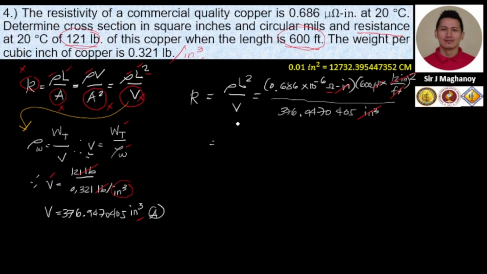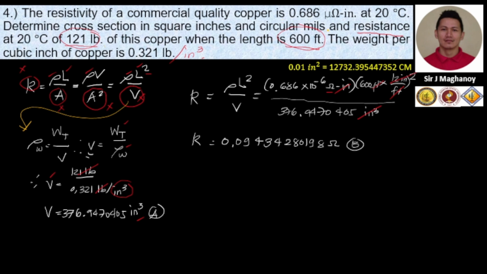Your R is 0.09434280198 ohms. So we store our R at alpha B, so we will not be writing the total decimal digits. Okay, moving on.